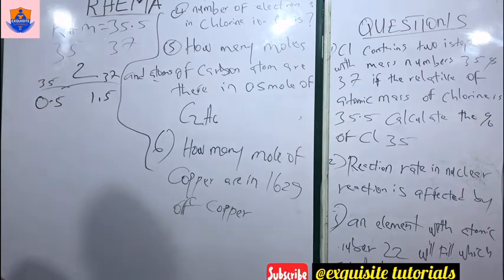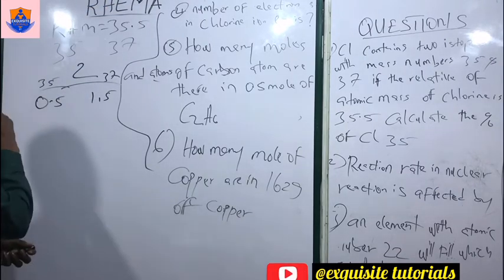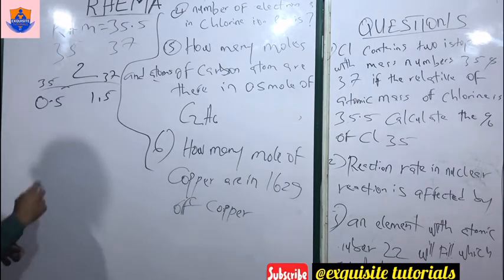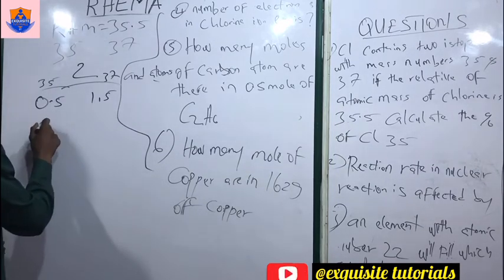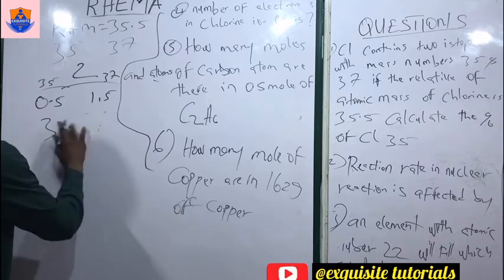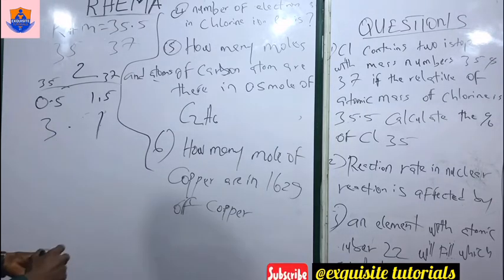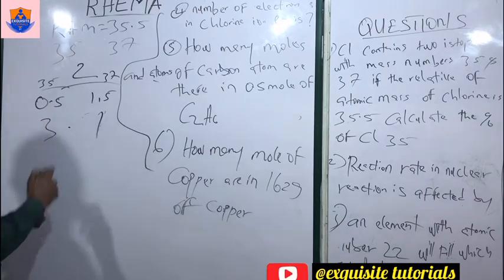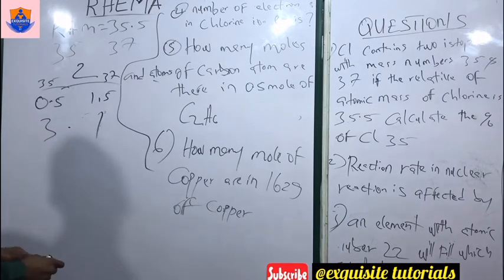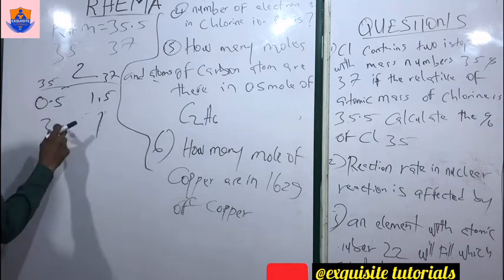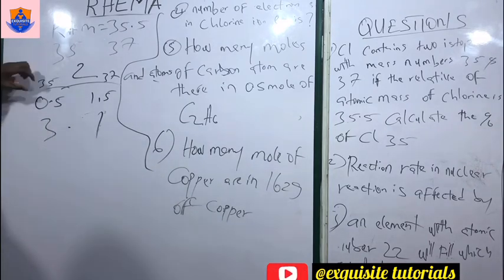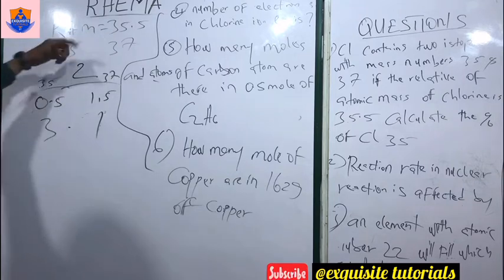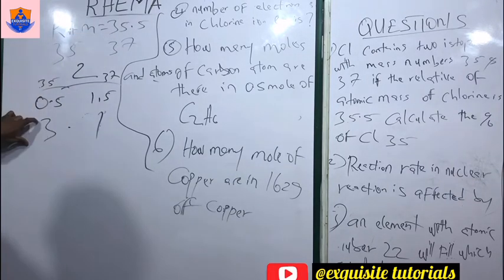than 37. That tells you that chlorine 35 is in the ratio of 1.5 to 0.5. It's a ratio of 3:1, to 37. Now, the ratio of chlorine 35 is actually 3:1, because we know that 35 is closer to 35.5 than 37, which means chlorine 35 is a ratio of 3:1.